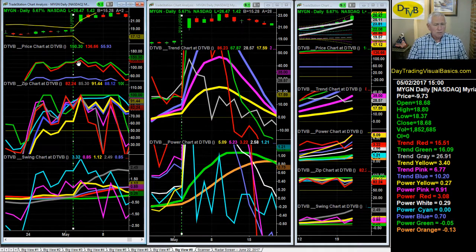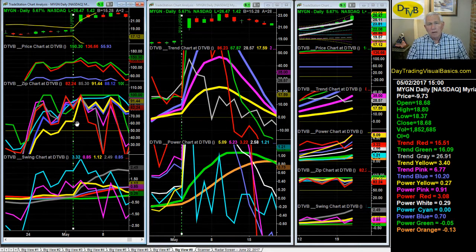When that happens, you usually can expect something pretty strong, especially when you have supporting evidence to go along with it. Zip yellow is equal. Swing Zion is equal. And so in this case, you have 3 equal indicator lines of importance. The reason it's important in the zip yellow category is because zip blue and zip yellow are far apart.